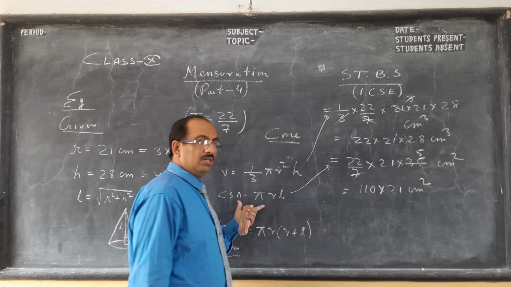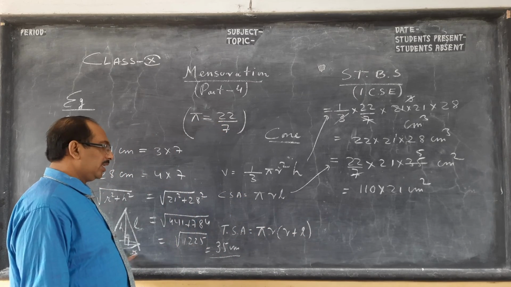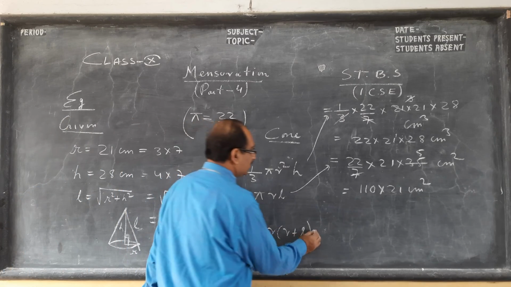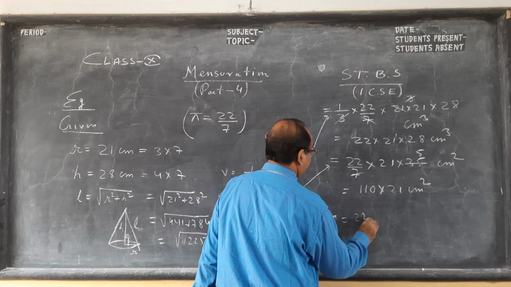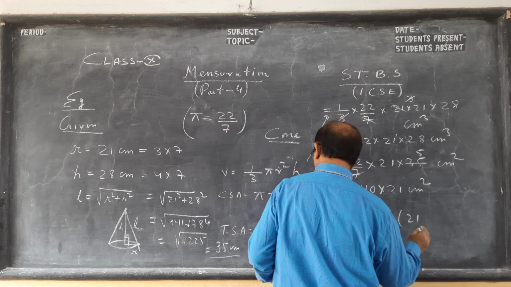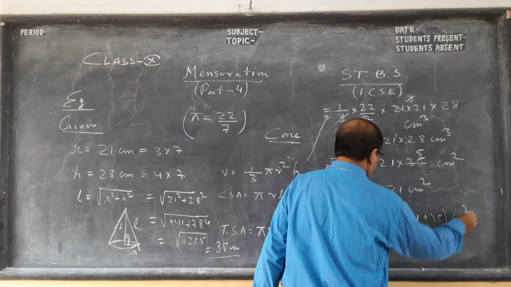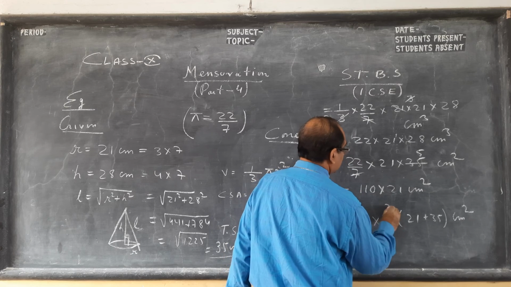So this was curved surface area. You can add to this pi r square, an easy method, and you will get total surface area. Otherwise you use this formula: pi r, r is 21, r plus L is 35. Unit is centimeter square. So 7 3s are 21.